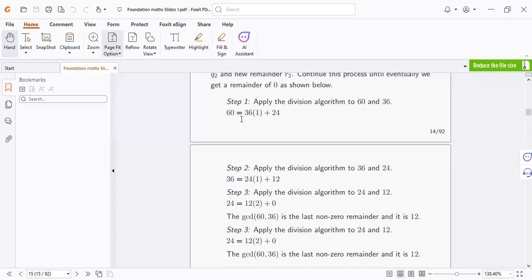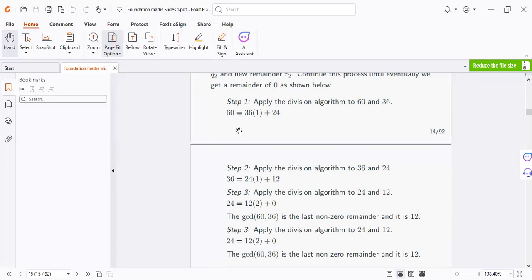I don't know whether a program can do 3 numbers, but manually we do only 2 numbers using the Euclidean algorithm. For the GCD of 3 numbers, 4 numbers, and so on, there's another method we will come to later.